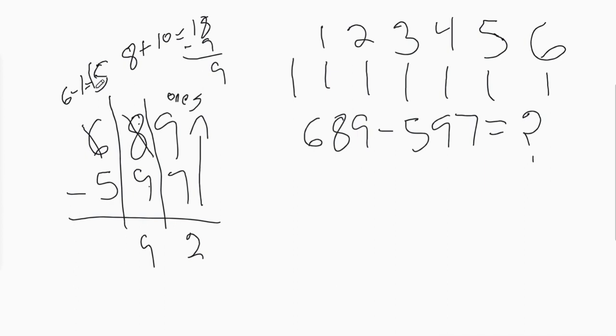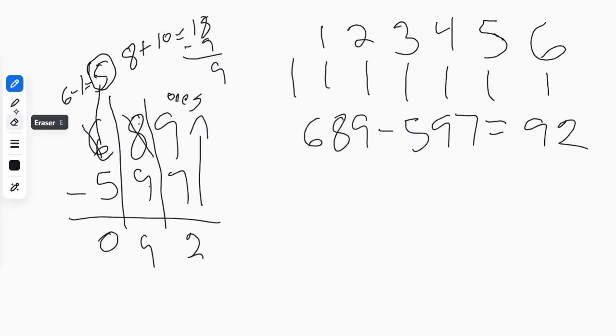Now since your 5 is the new number in the hundreds place, you have 5 minus 5, which is 0. So the answer to this, 689 minus 597, is 92.